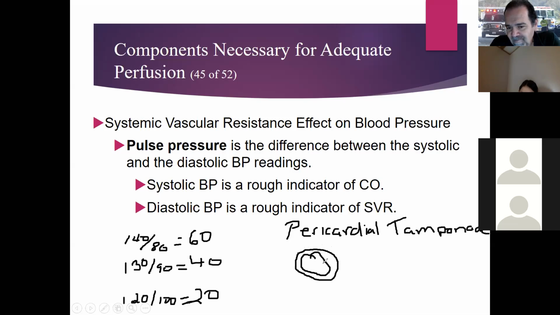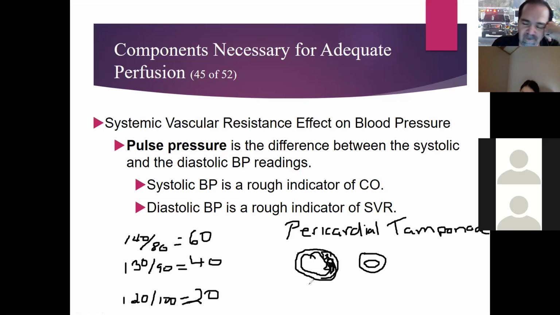So let's say you get stabbed by a knife in the heart, and you start spewing out blood into this region right here, between the pericardium and the heart. Now, the more pumping action your heart has, the more blood you're pumping into this space. You start filling it, and the pericardium stays the same size, but the heart gets compressed a lot more.